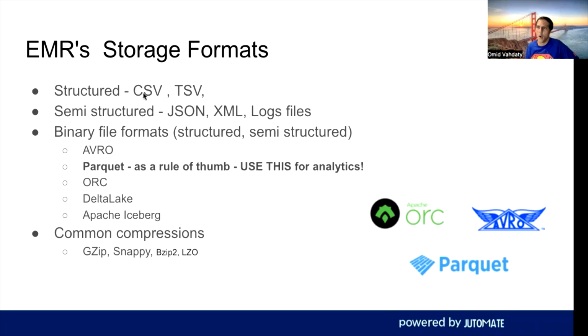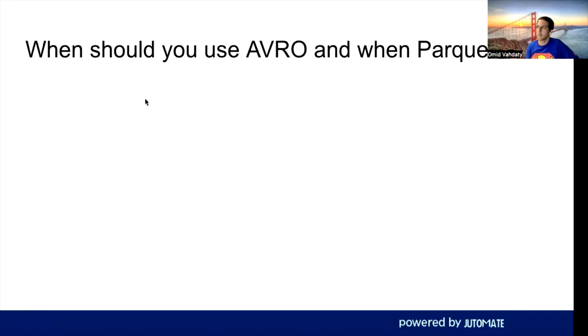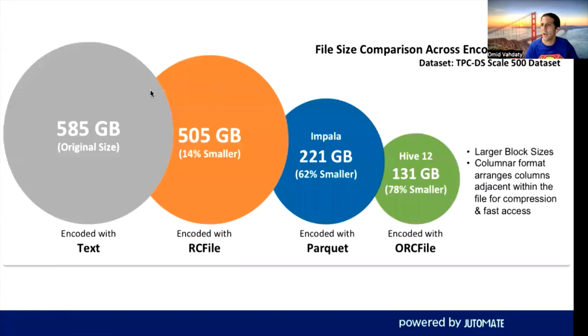For example, 1 terabyte of CSV file, if you use gzip compression, will become about 200 gigabytes on your S3.